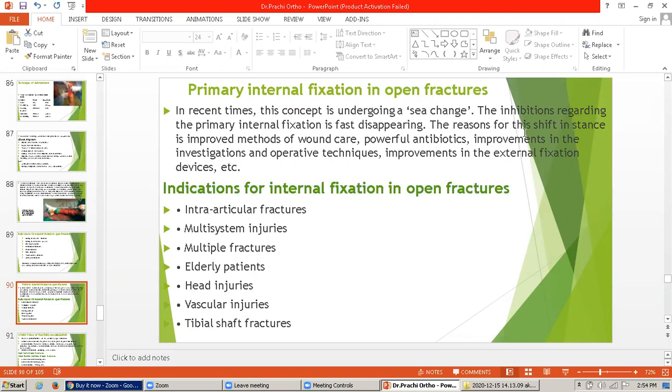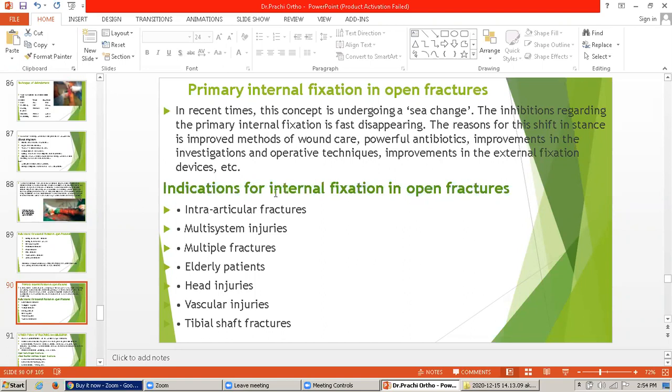The reason for this shift is improvement in the method of wound care, powerful antibiotics, improvement in the investigations and operative technique, improvement in the external fixation device, etc. So, primary internal fixation of the open fracture is not necessary.